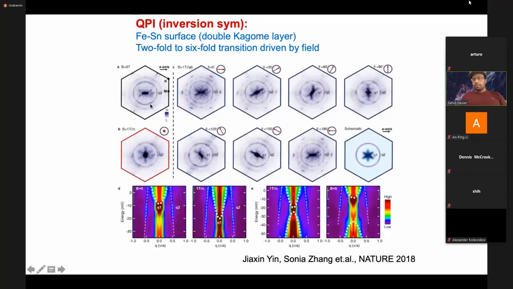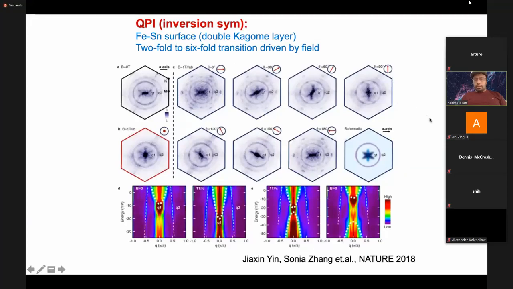This system looks strongly correlated, in the sense that it shows a twofold electronic quasi-particle interference pattern, which suggests that there is a nematicity beyond its crystal structure. So it's in the electronic channel, which we can control with a magnetic field.